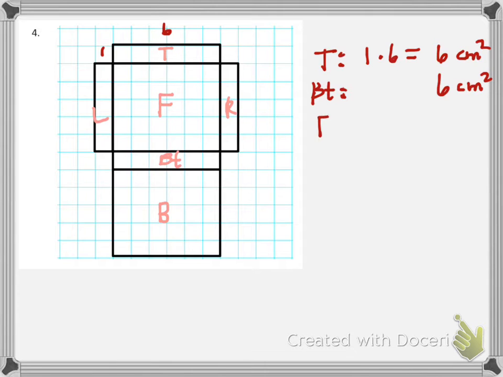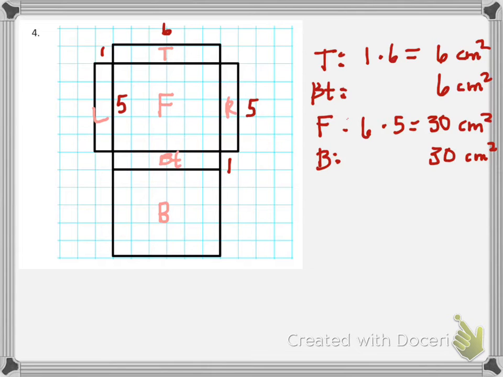And then let's do the front. The front is a 6 by 5. This is 5 on the left side. So a 6 by 5, so that's 6 times 5 is 30 centimeters squared. And the back is going to be the same thing. So that's also 30 centimeters squared. And then the right side is a 1 by 5 rectangle.